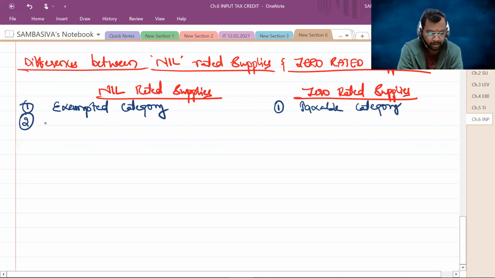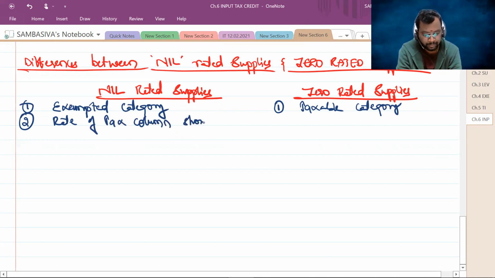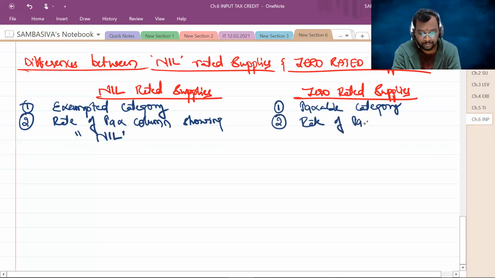In the rate of tax column, nil rated shows nil, and here the rate of tax column shows 0%.